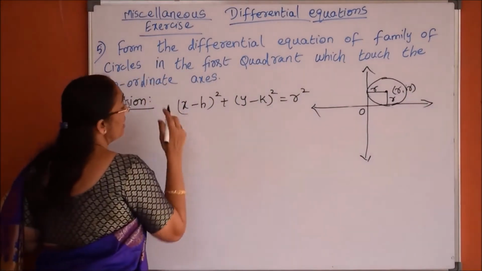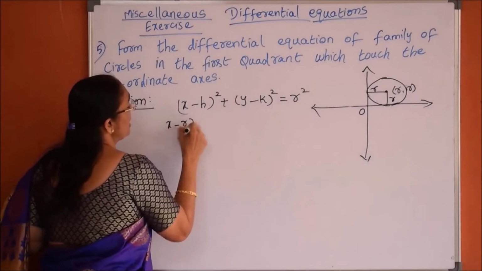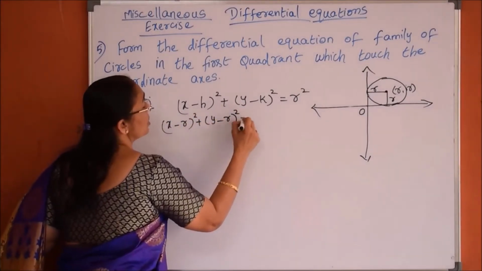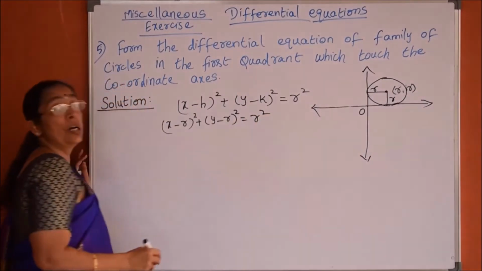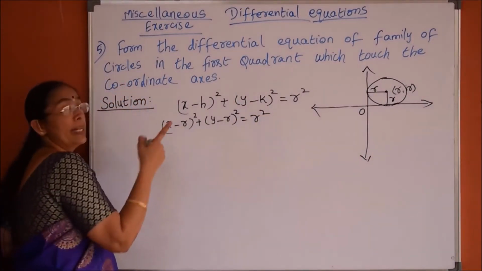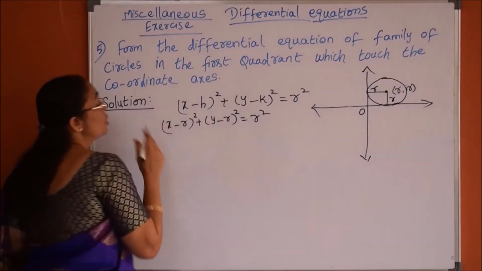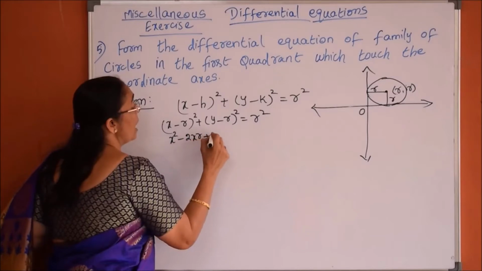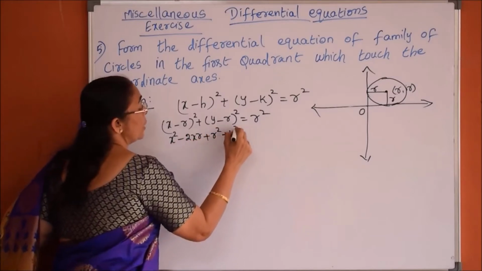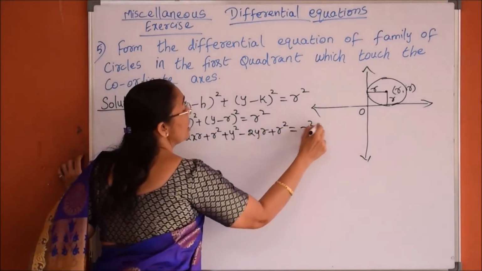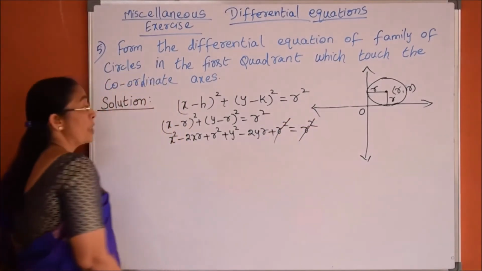So our circle equation will become (x minus r) whole square plus (y minus r) whole square equals r square. So we have only one arbitrary constant, r. Expanding this equation: x square minus 2xr plus r square plus y square minus 2yr plus r square equals r square. One r square gets cancelled.